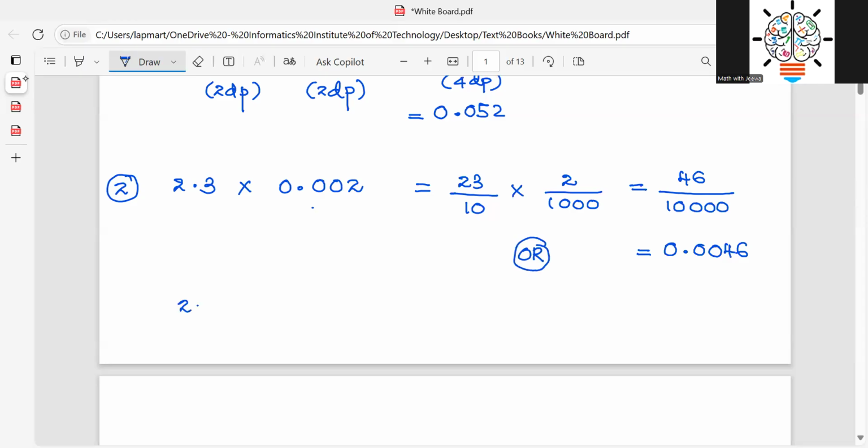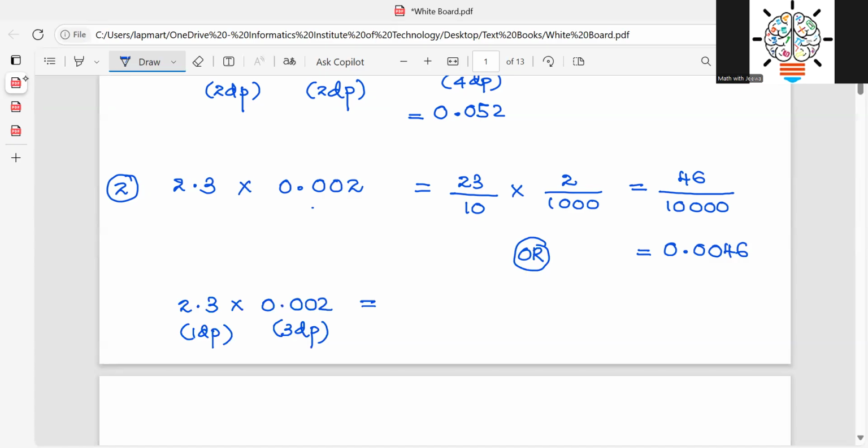I write 2.3 multiplied by 0.002. Here I have 1 decimal place, here I have 3 decimal places. So in the answer there should be 4 decimal places. But before keeping the decimals, I want to do something.